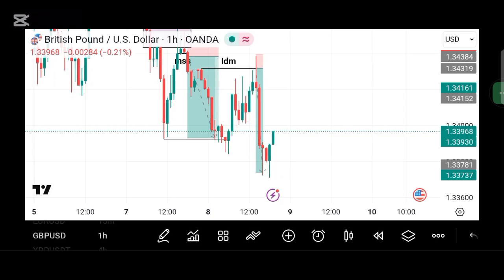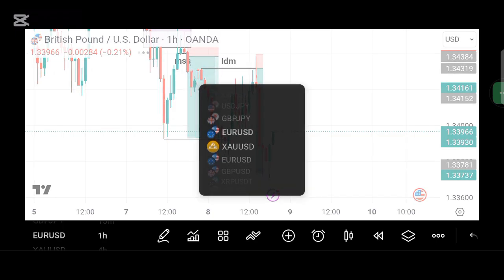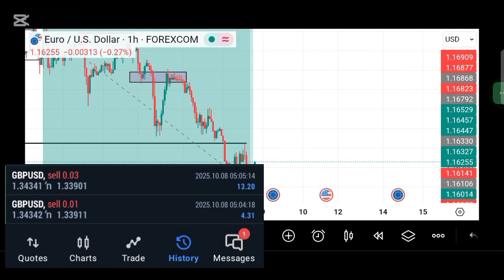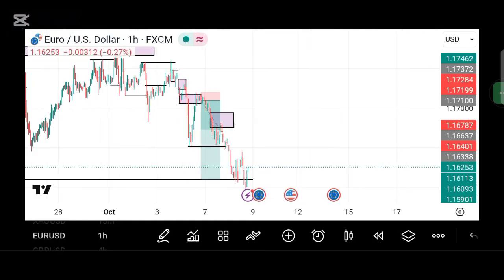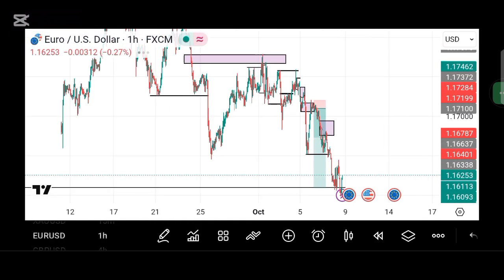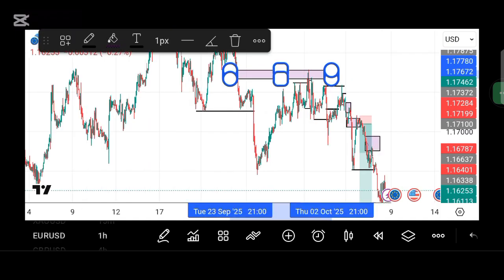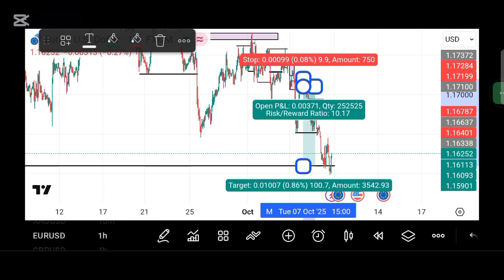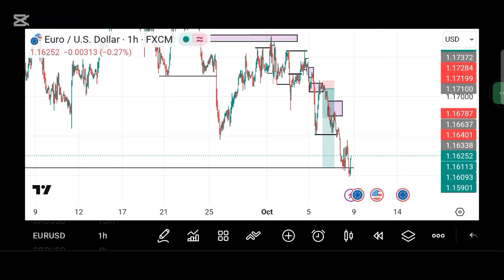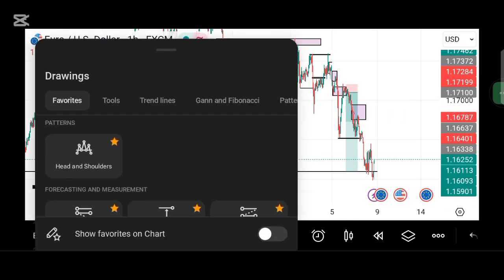So for Euro USD, guys, I'm done for Euro USD. This is where we did our analysis from, and this is how we got to the target right from our point of interest down to our target. From our point of interest to our target, we had about how many pips?